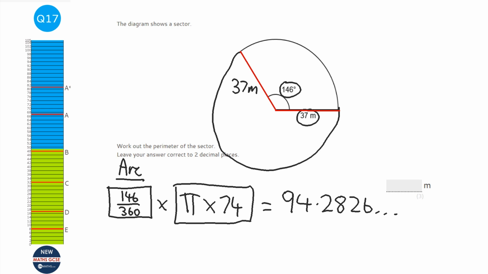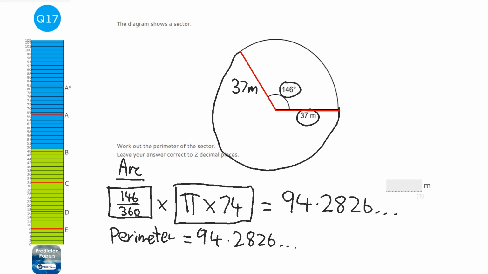So to work out the perimeter, I'm going to get that 94.2826 and keep it in my calculator, and add 37 and add another lot of 37.